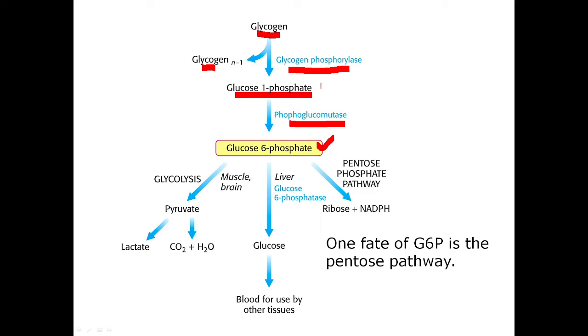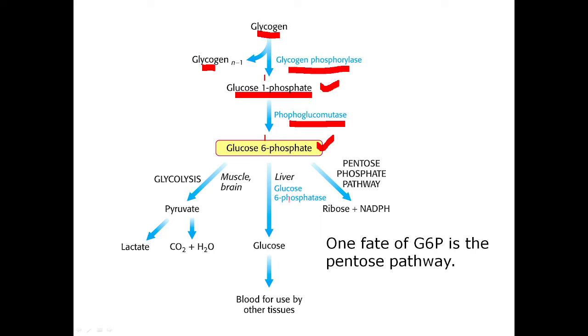Basically, glucose 1-phosphate and glucose 6-phosphate are structurally similar, with the same carbon atoms and phosphate, but in glucose 1-phosphate the phosphate is attached at the first carbon position, and in glucose 6-phosphate the phosphate group is attached at the 6th carbon position. Now, what can happen to glucose 6-phosphate?